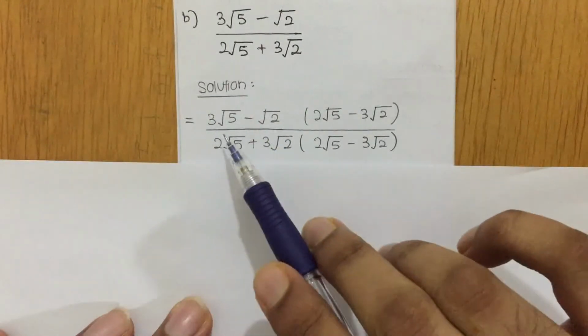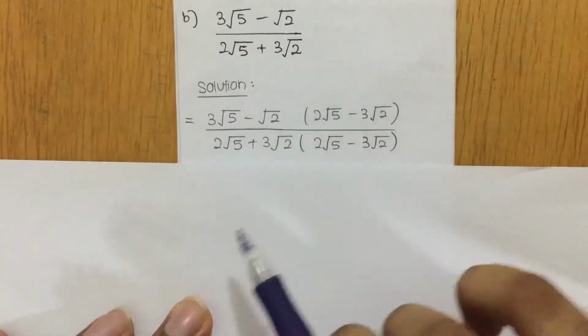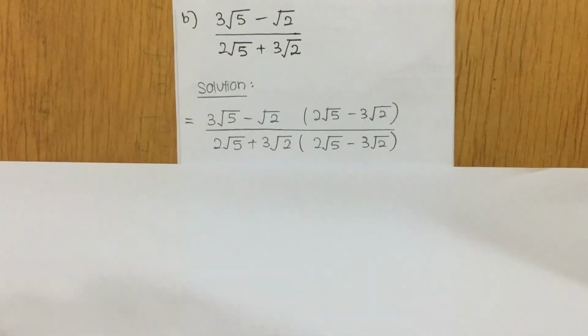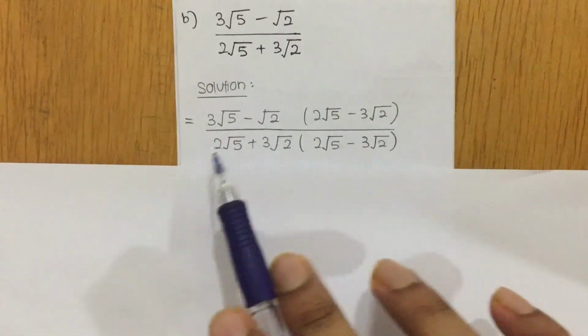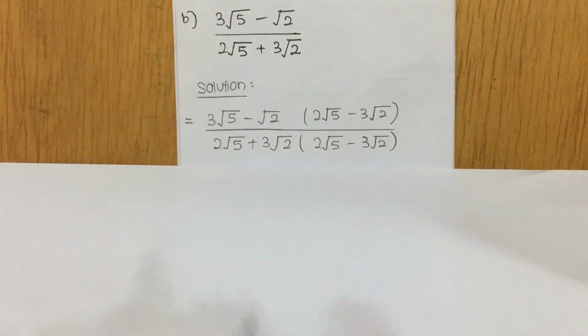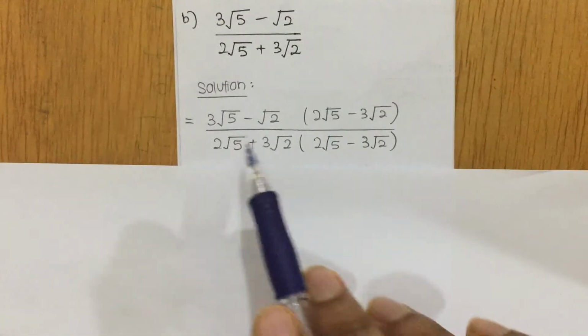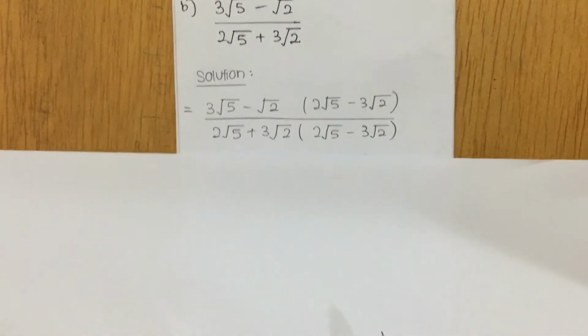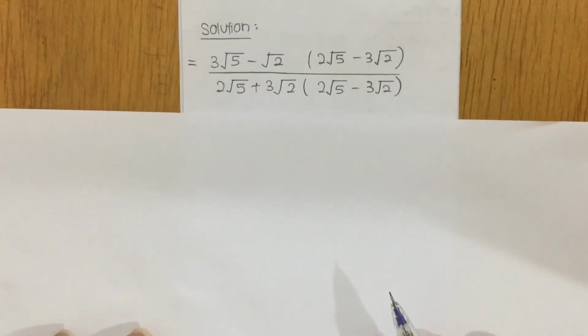So unfortunately you need to do the expansion manually, guys. Okay, let us do it together. As for the denominator, you can apply the a square minus b square concept, guys, since it's in conjugate form. Okay, so let us continue to our next step.